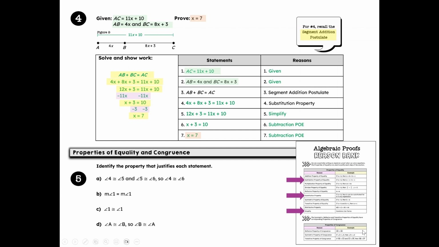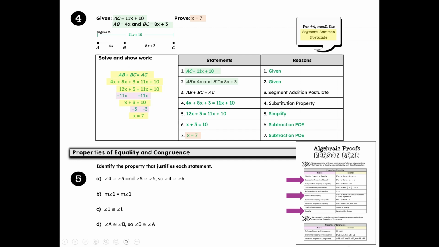And the transitive property of congruence, I'll first just go ahead and read what this is. It says if segment AB is congruent to segment CD and segment CD is congruent to segment EF, then segment AB is congruent to segment EF.